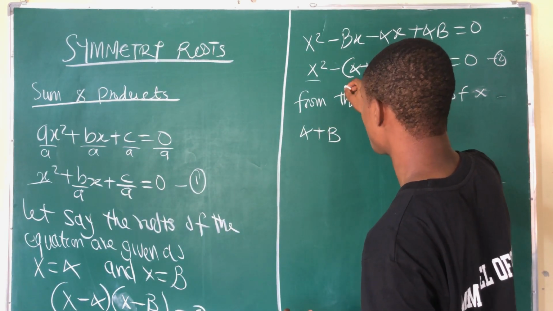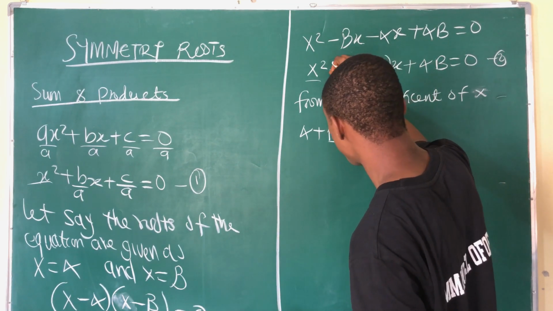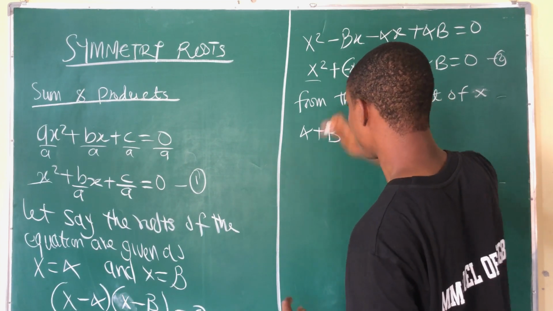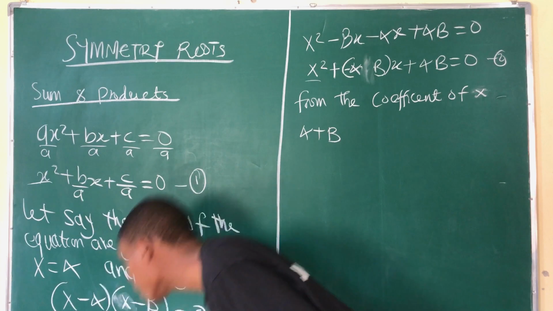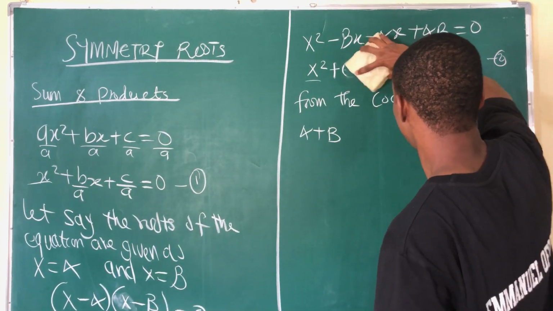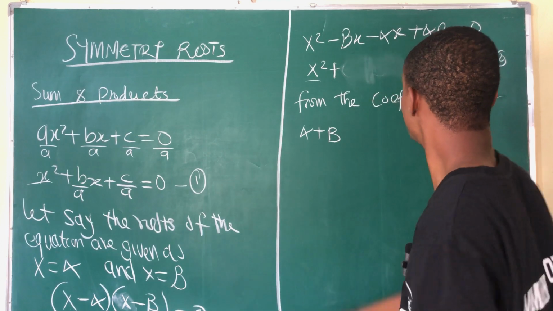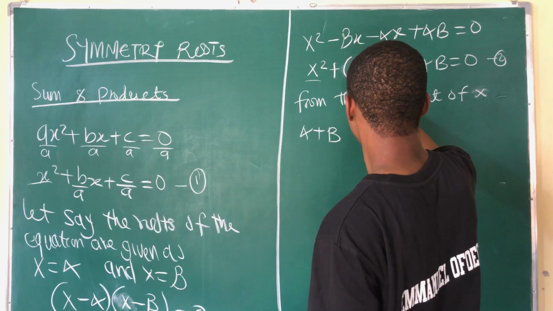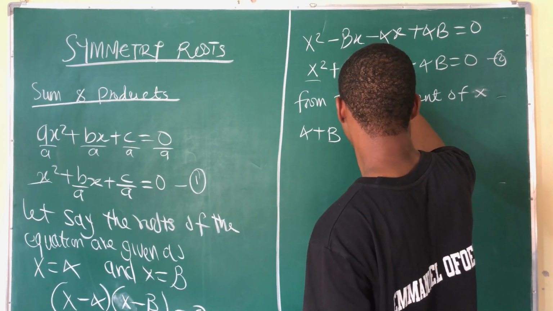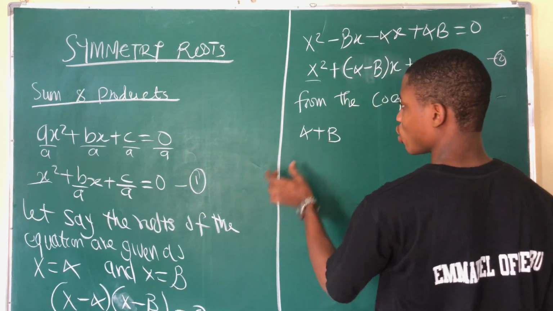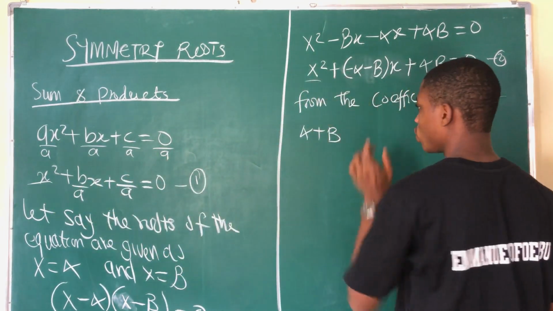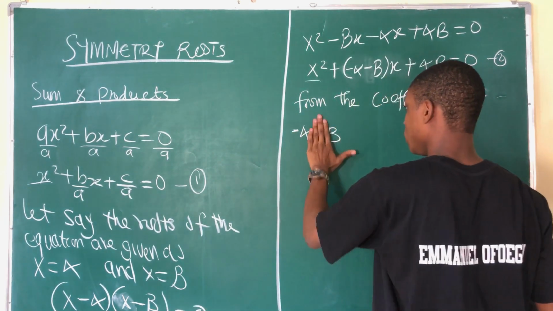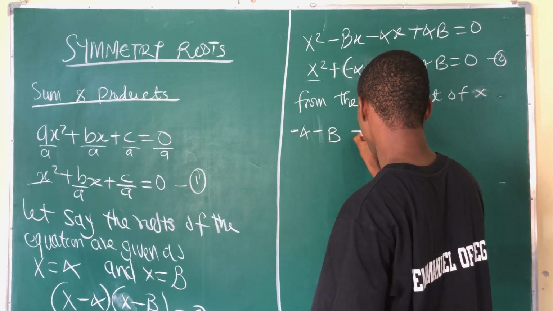Let me rephrase this to compare it in terms of everything we have here, so that it looks exactly like what we have in equation 1. So we have negative alpha, negative beta, x, which is equal to b over a.